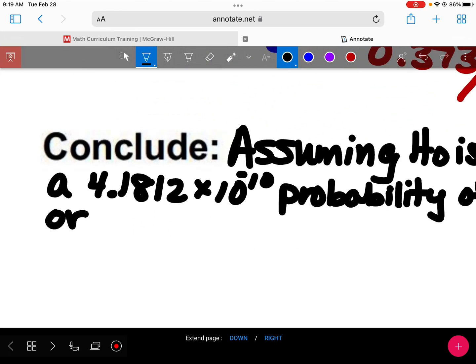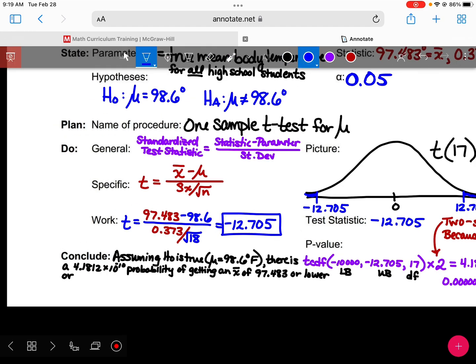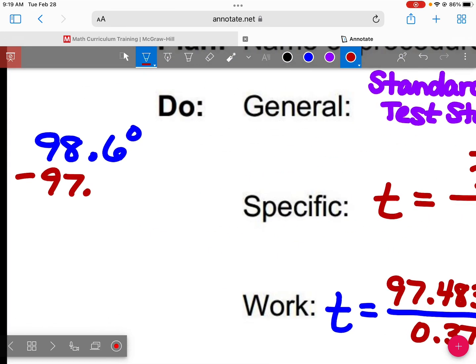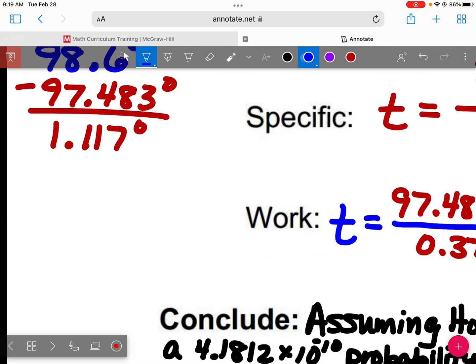Or I have to think about the other side of that. Because 97.483 is smaller than 98.6, right? How much smaller? So to get the other side of that, I would take 98.6 degrees and I would add this.